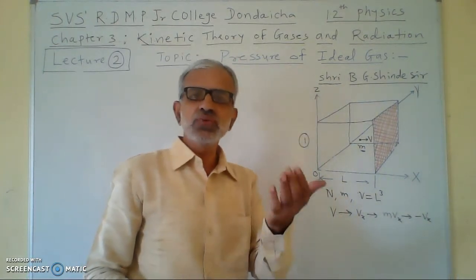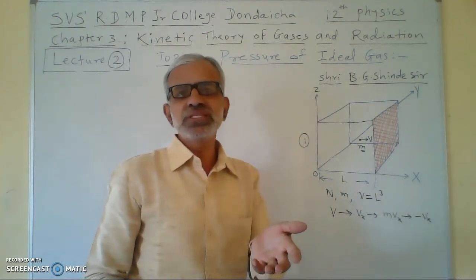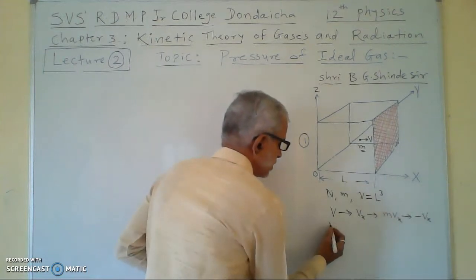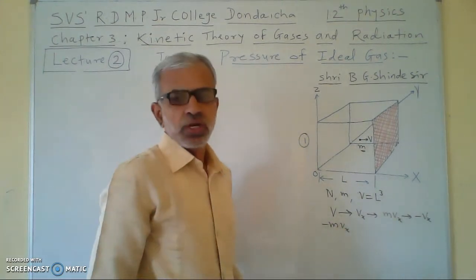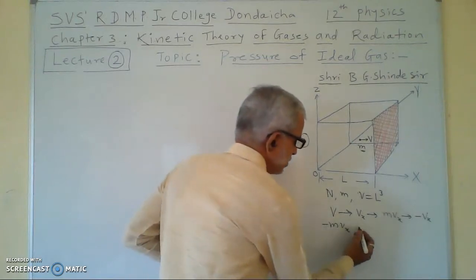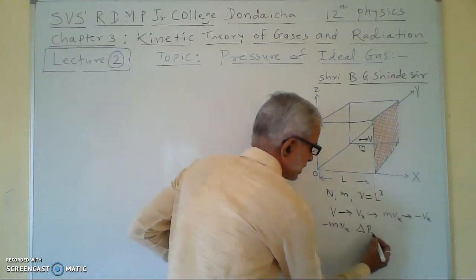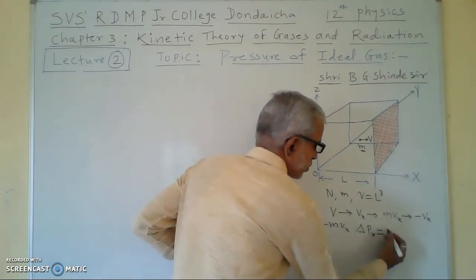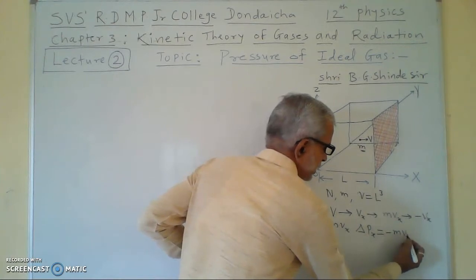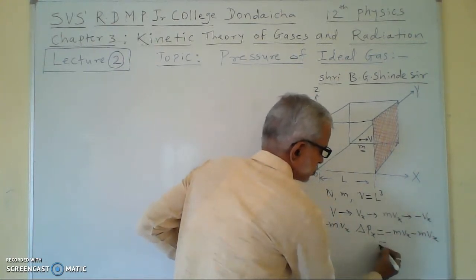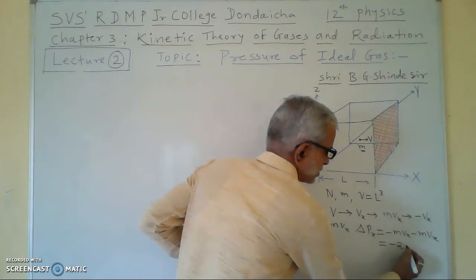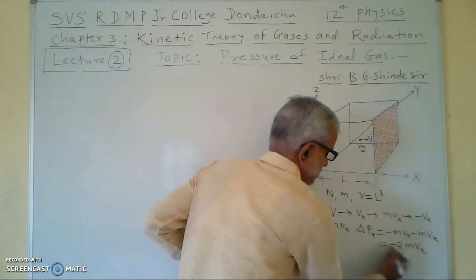Means the velocity will reverse, magnitude will be same, and after collision its momentum will be minus m into vx, and therefore change in momentum delta px will be equal to minus m vx minus m vx, so change in momentum will be minus twice m into vx.